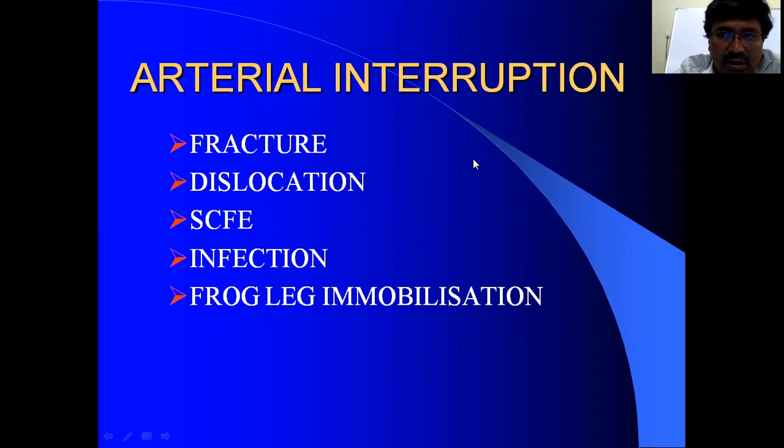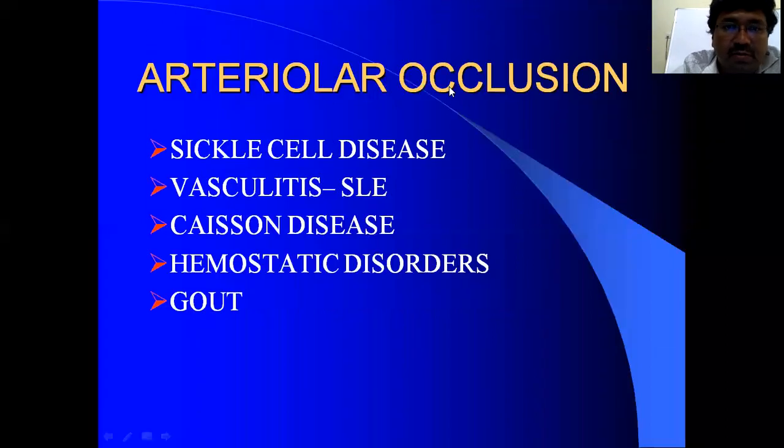Also, in frog leg immobilization, which we apply for fractures, we should check the distal arterial pulsations after we apply the immobilization. So the main conditions are fractures and dislocations, the most common conditions. They cause arterial interruption.